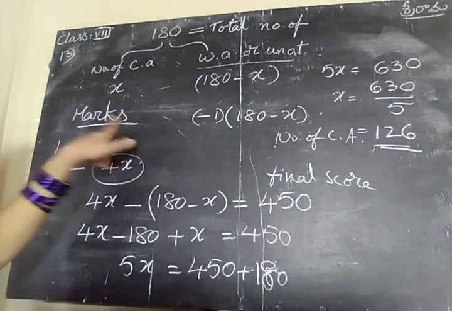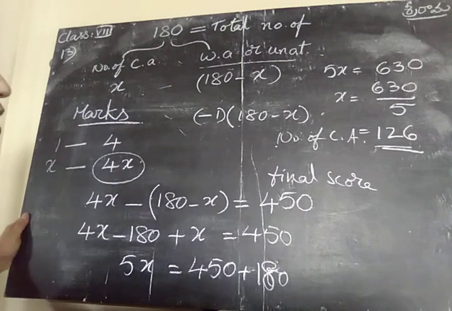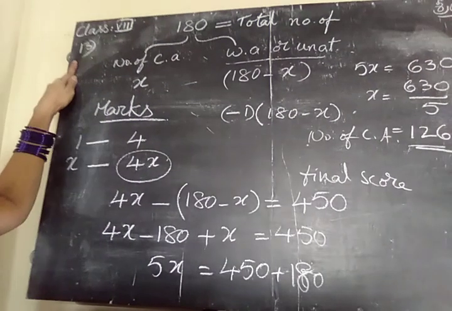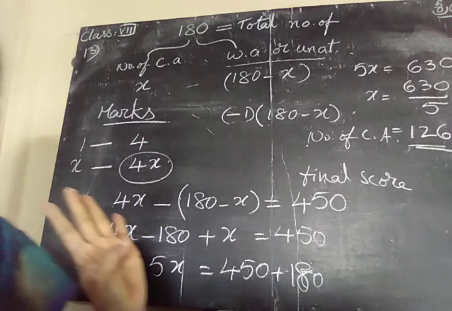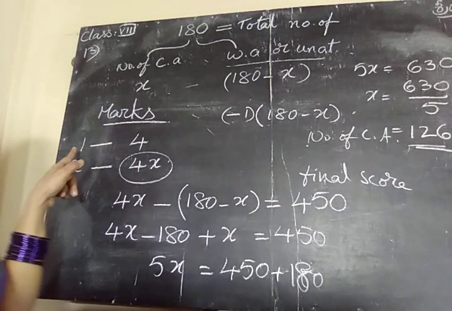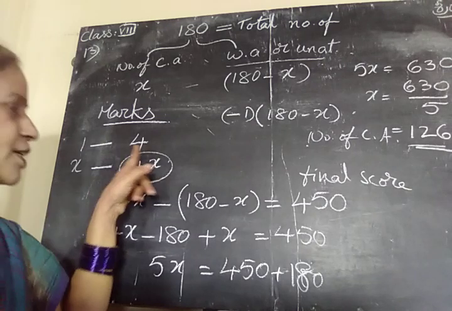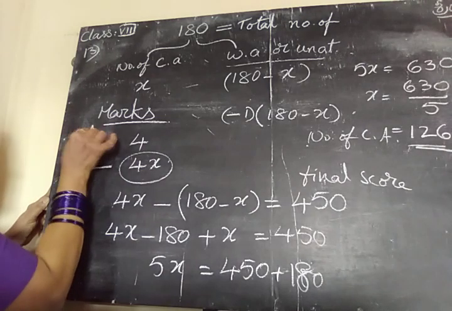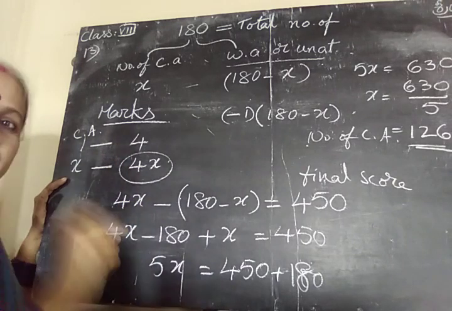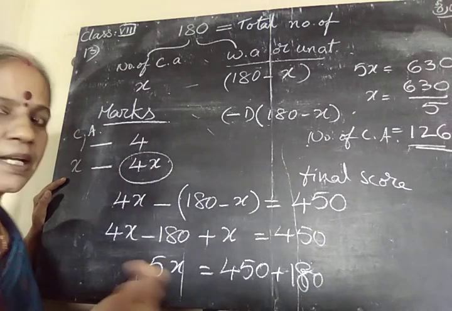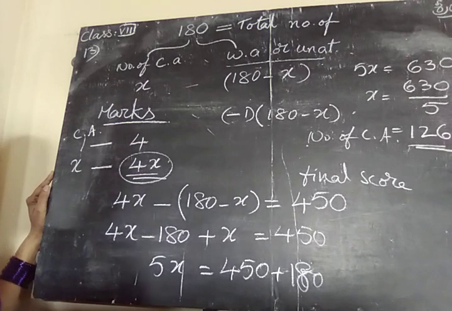Now the marks he scored according to the question. For each correct answer they are giving 4 marks. He answered x questions correctly, so he got 4x marks.